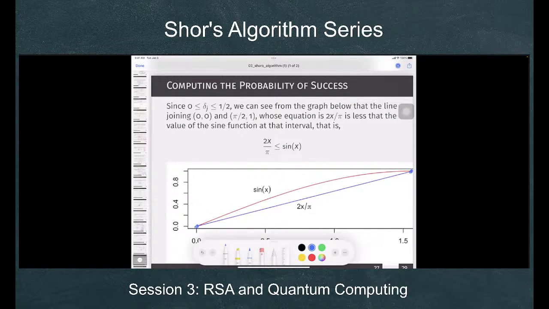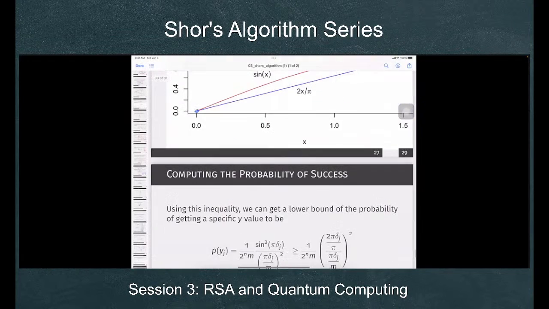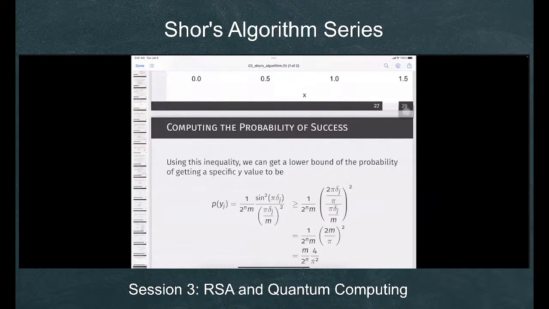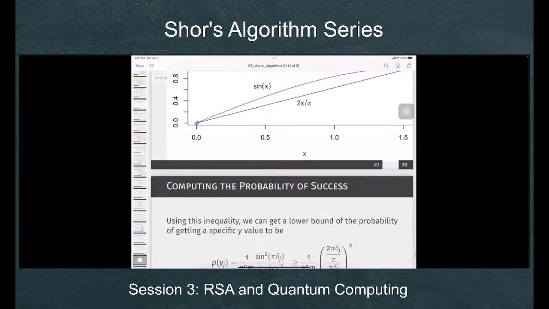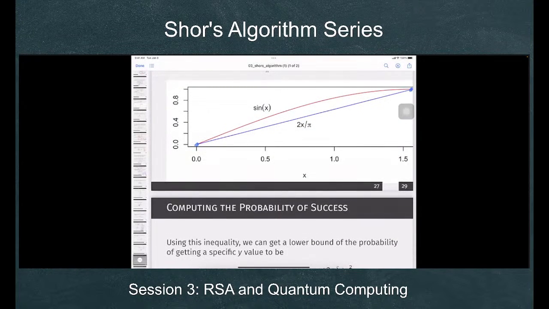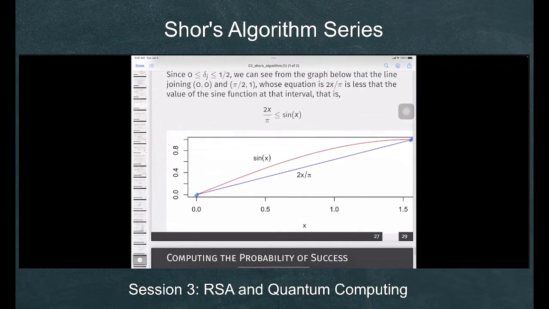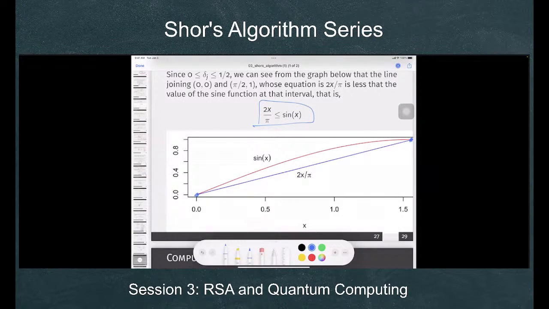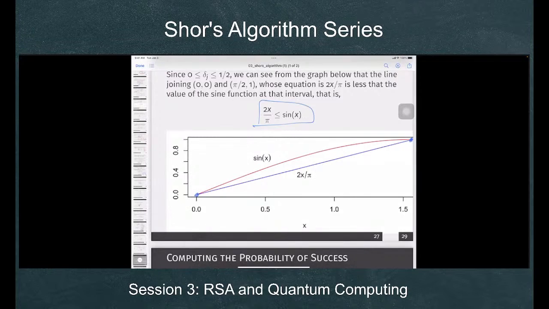We can see that this line segment is always less than or equal to sine x. So we can use this. But what is x, no? x in our case is pi delta j.